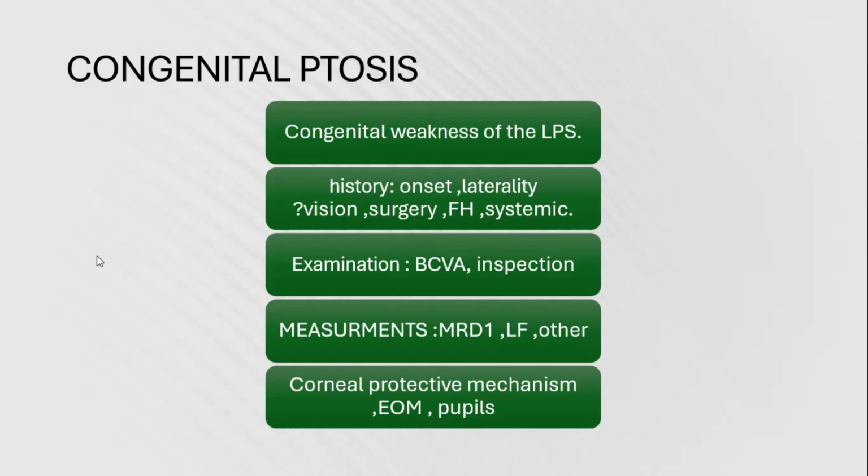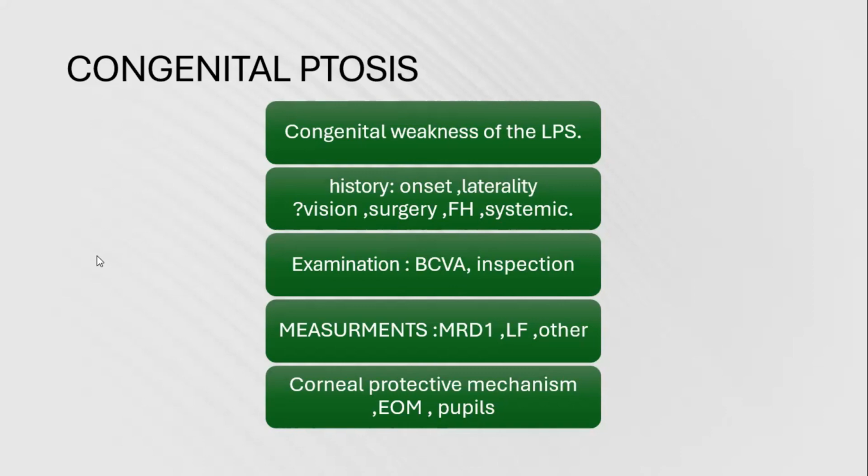On examination, most important, best corrective visual acuity. On inspection, it can be severe, mild, moderate, but usually will be severe ptosis, either bilateral or asymmetric ptosis. It can also be unilateral. I will inspect the skin creases, which will usually be absent in simple congenital.